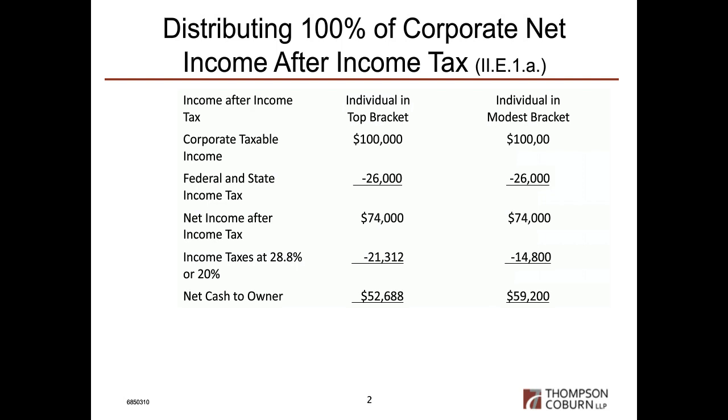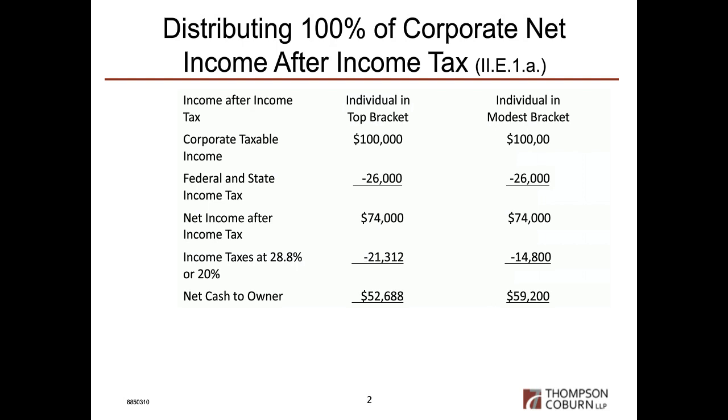First of all, a 20% federal income tax rate, a 3.8% net investment income tax rate, which I'll address in a moment, and a 5% state income tax rate. So 20% federal income tax plus 3.8% net investment income tax plus 5% state equals 28.8%.